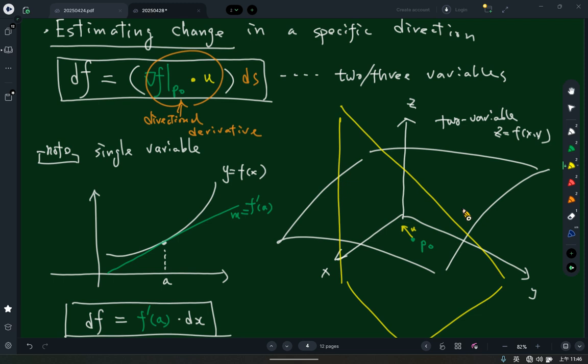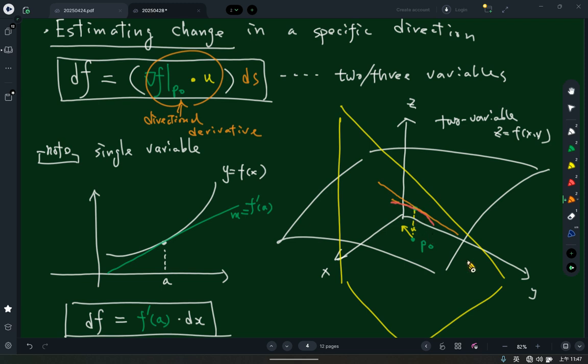Then you can get, that will be just like this. This is the 3D point. Then this is the curve. Maybe I can use the red one. Then this is a tangent. Then the slope here is the directional derivative when (x, y) is equal to (x0, y0).